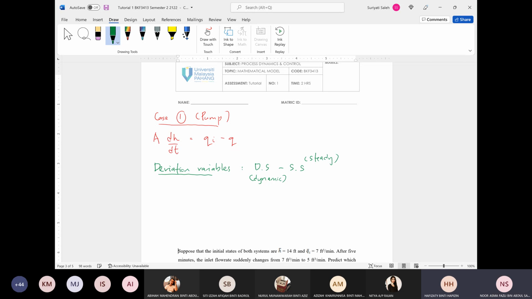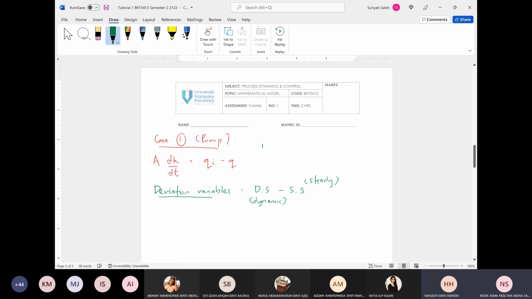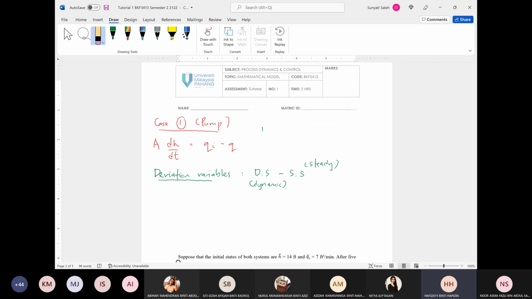In this case, the mathematical model that we obtained before, A dH/dt equal to Qi minus Q, represents the dynamic state of our equation. So this is the dynamic state equation, or sometimes I call it ds as a short form. ds represents the dynamic state.